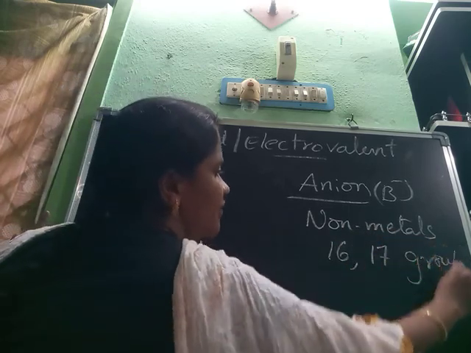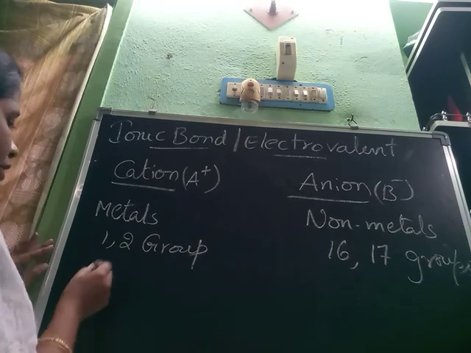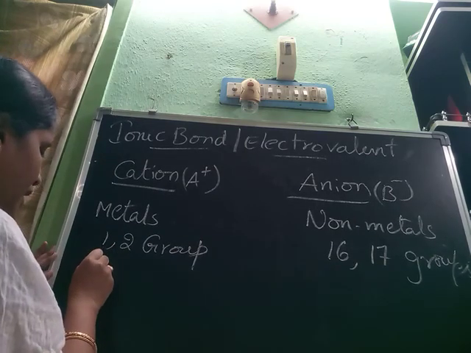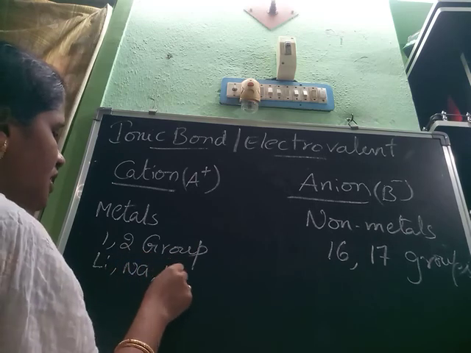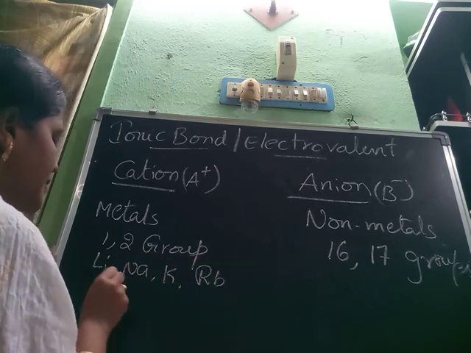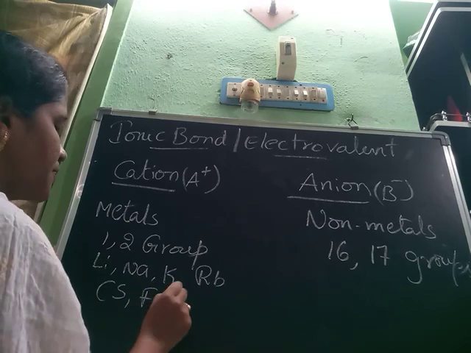The first group: hydrogen, lithium, sodium, potassium, rubidium, cesium, francium.